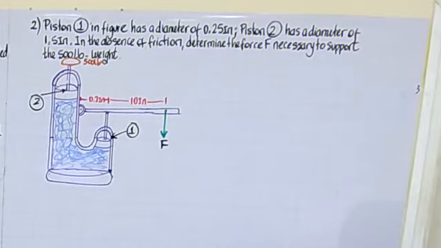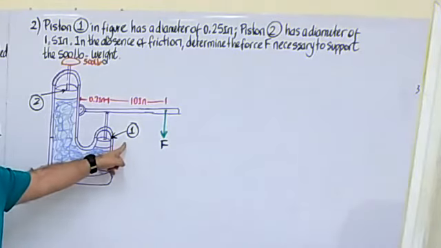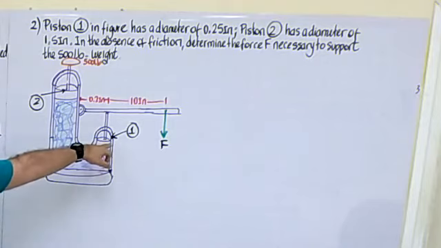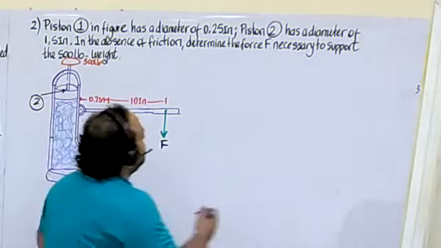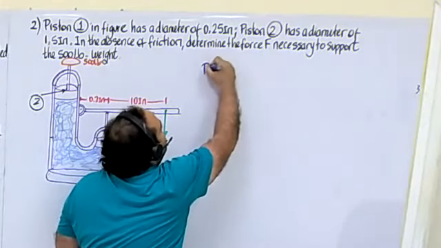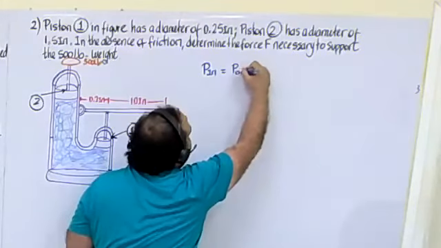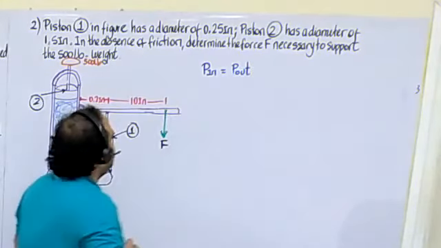What I'm trying to say, my dear students, is that the pressure we apply in this section will be the pressure in this section. Input pressure, output pressure. Okay, so according to Pascal's principle, P in equals P out, right?